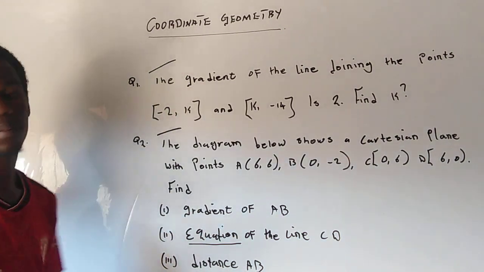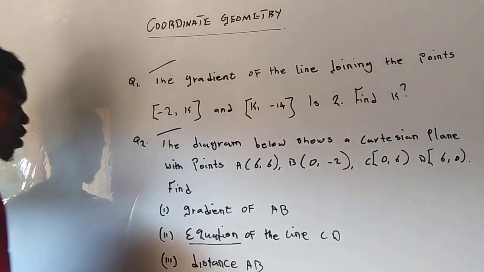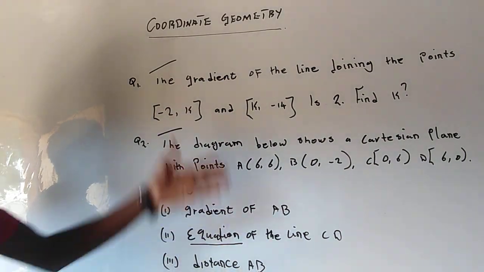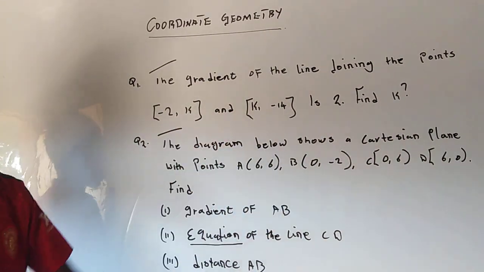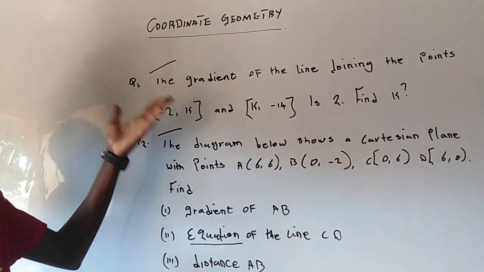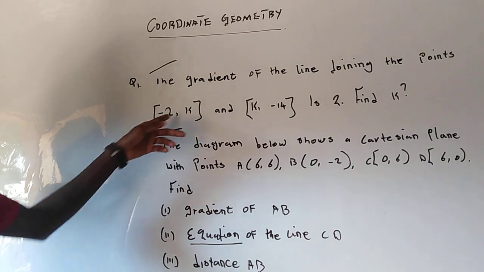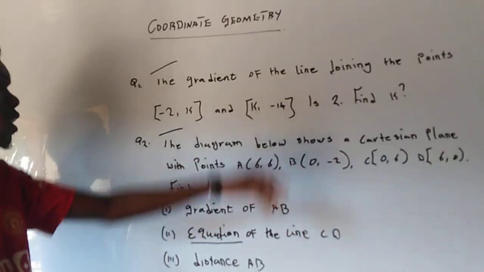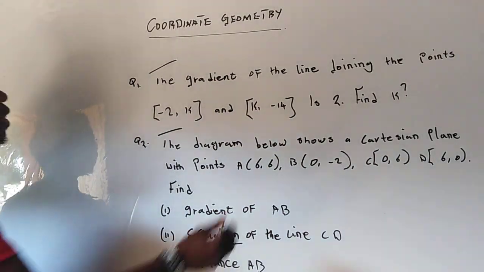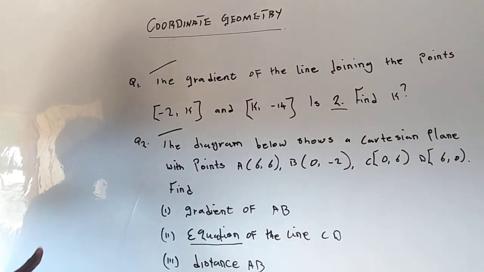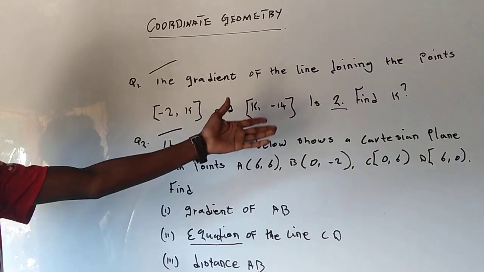Now let's try and answer some questions. The gradient of the line joining the points, all these questions are coming from 2017, paper 1. The gradient of the line joining the points (negative 2, k) and (k, negative 14) is 2. Here, the main thing we need to know is that our gradient is given. We are to find the value of k.